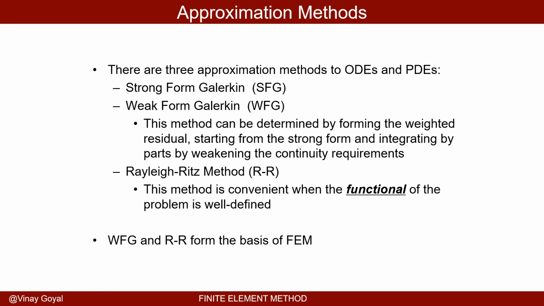Secondly, the weak form Galerkin only requires essential boundary conditions be satisfied. The Rayleigh-Ritz method is a great convenient method if the functional of the problem exists. If the functional exists, then you can go ahead and use this approach. And both of these, the weak form Galerkin and Rayleigh-Ritz, form the basis of the finite element method.